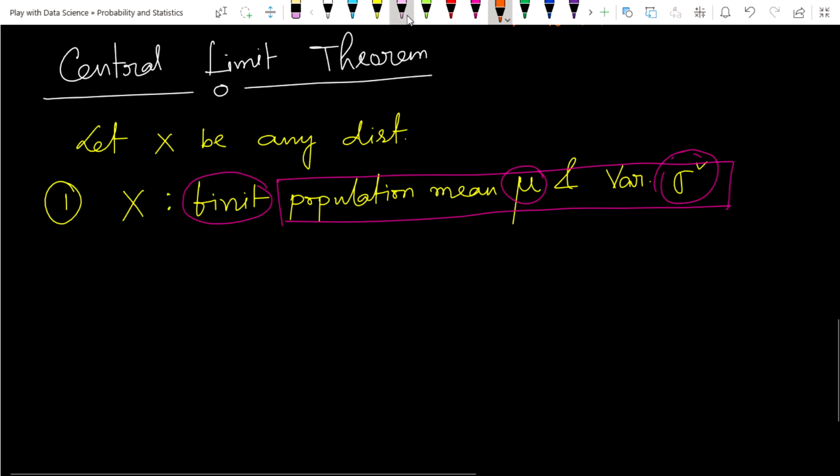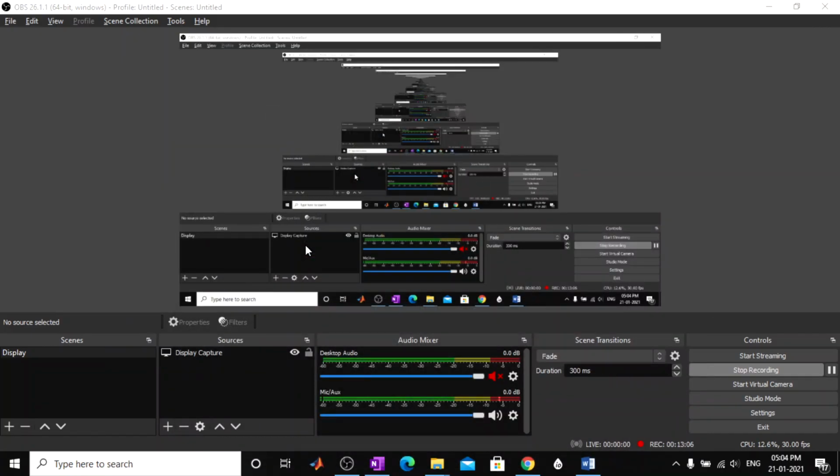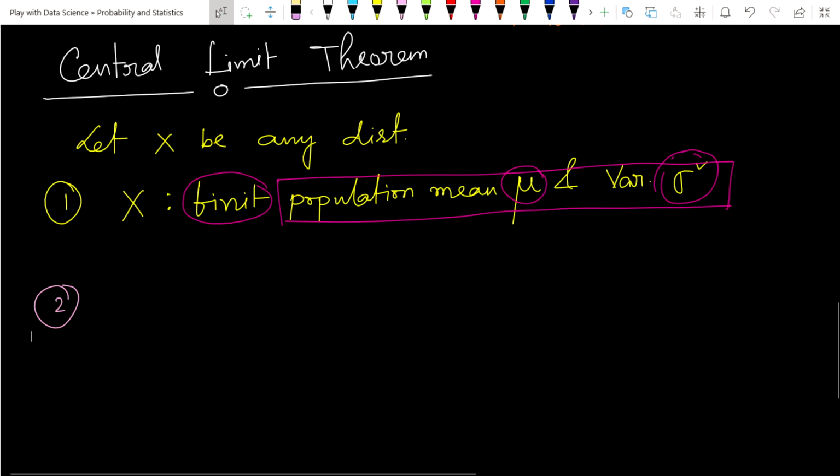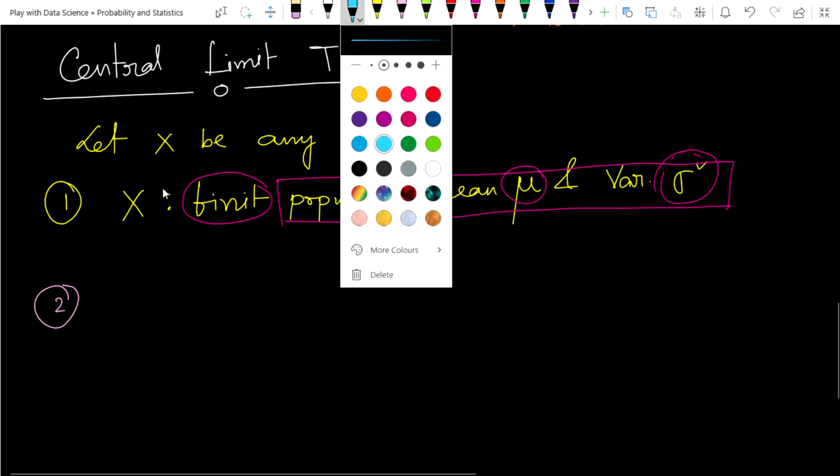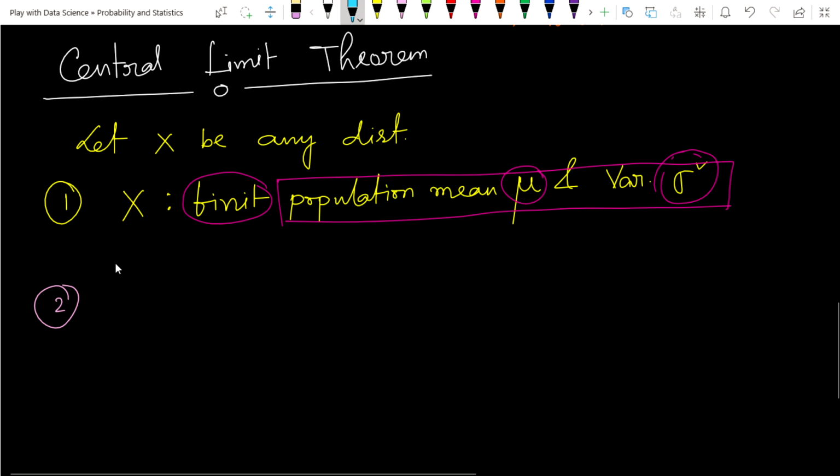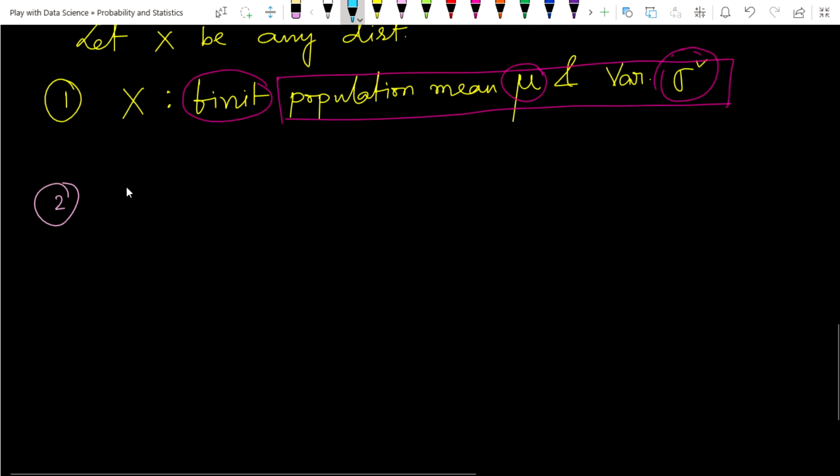The second thing we have to do is collect samples from this distribution. Suppose we have collected m samples: the first sample is S1, the second is S2, the third is S3, and so on.